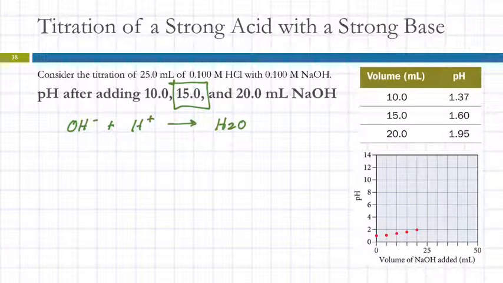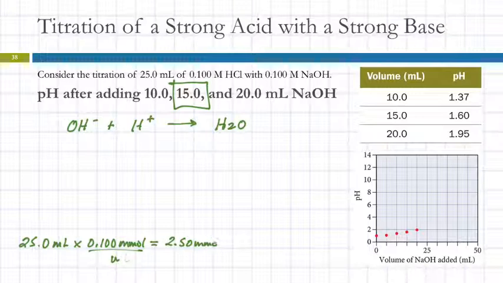So 25 milliliters times 0.100 millimoles per milliliter. So I've got 2.50 millimoles. So this is before addition, 2.500 millimoles. The numbers here are bigger because I'm using millimoles instead of moles.